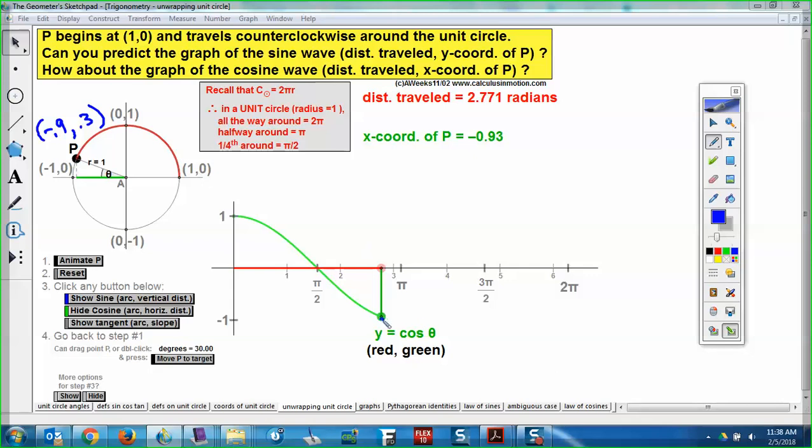The point on this graph is what? What's the first coordinate of this point? It's the x coordinate. It's this. What is that? Let's go to degrees. It's the problem we're doing. How many degrees?